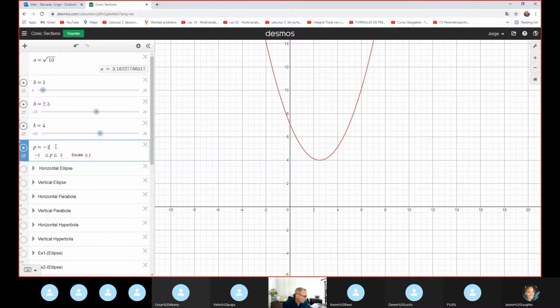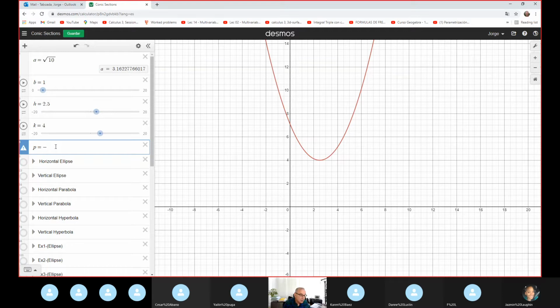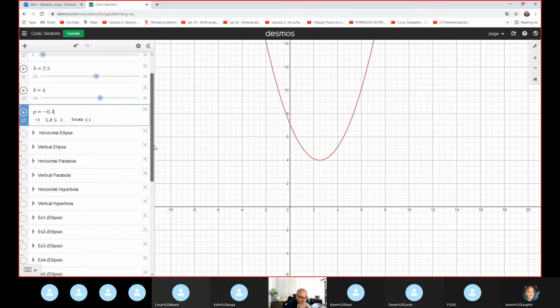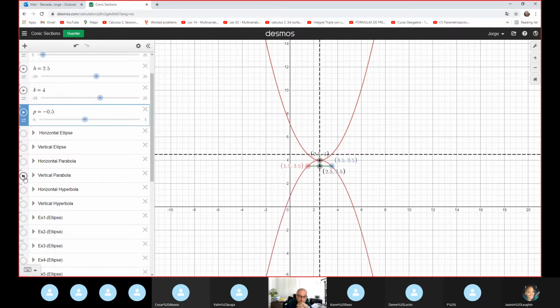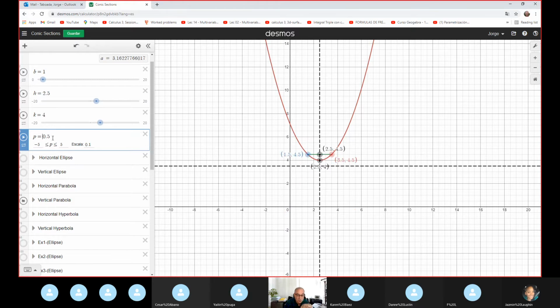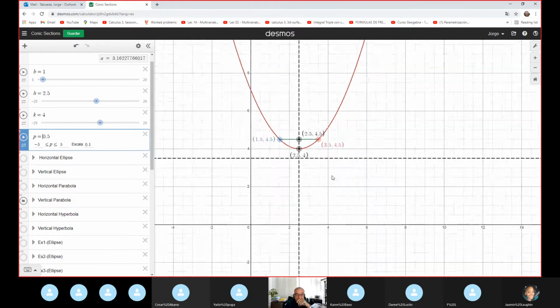I recommend you type it in decimal, 0.5, negative, no, it's not negative 0.5. Okay, and the categorization for this is a vertical parabola. Boom. But it opens down, because I made a mistake with the sign. It's not negative 1/2, it's positive 1/2. Okay, there you go.